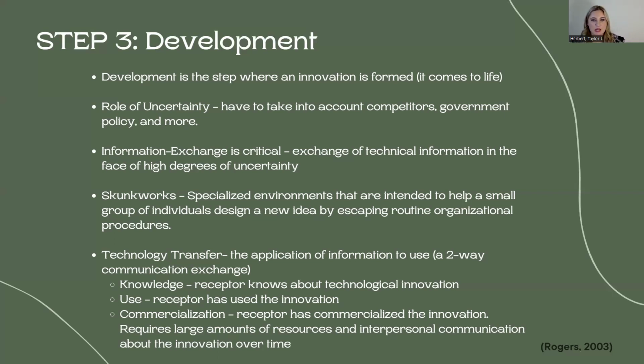It's going to be more uncertain, which is going to cause people not to really get there with their innovation. So the information exchange needs to be good and concise and all there.